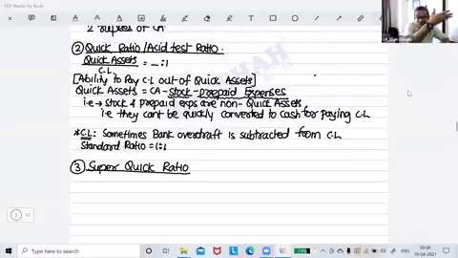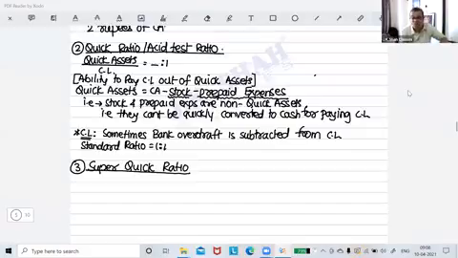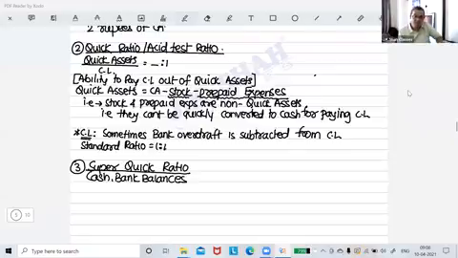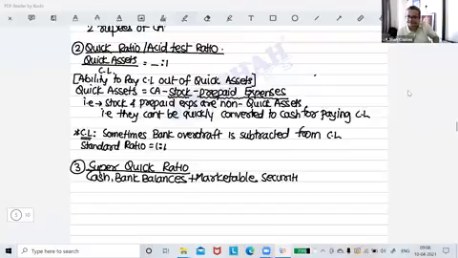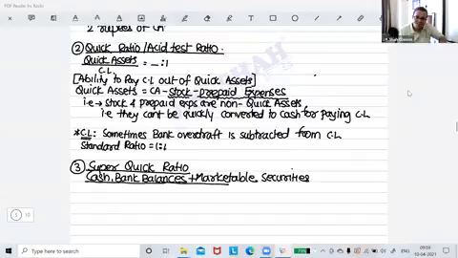But what if the creditors' dues are immediate? Then I will take the super quick ratio, in which I take only cash and bank balances plus marketable securities, and I compare that with my current liabilities.